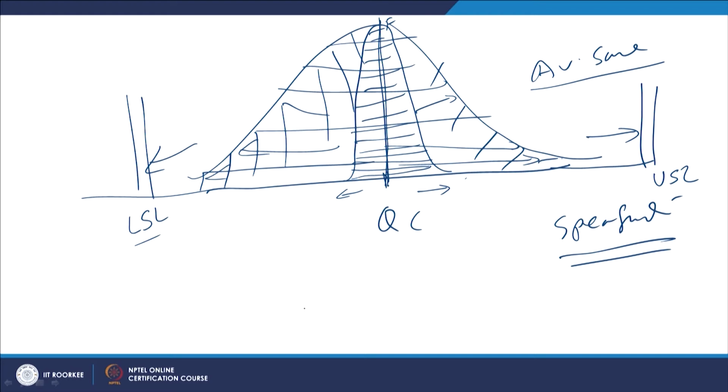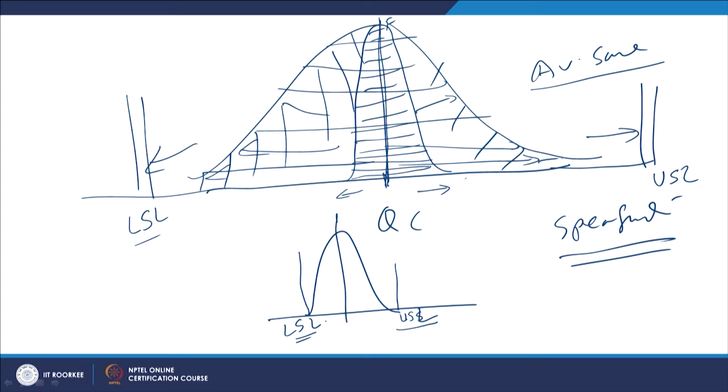On the other hand, if we have a situation like this, this is the kind of distribution, this is the mean, and if the lower specification and upper specification limits are very close to the data points which are falling at the extremes, then the process may become sensitive to points falling beyond the upper and lower specification limits, and in that case we may be producing things which are not within the acceptable limit.